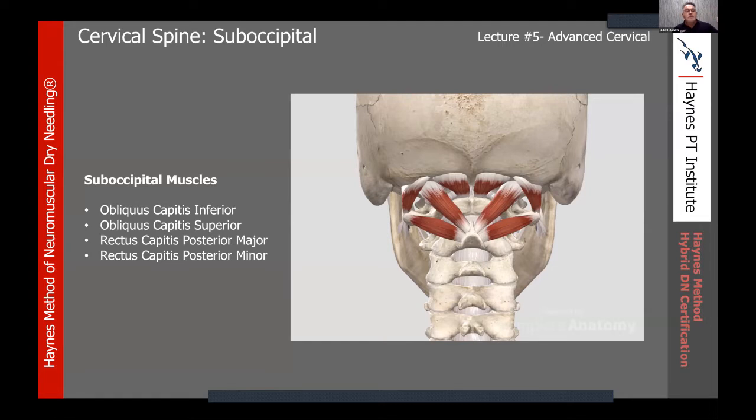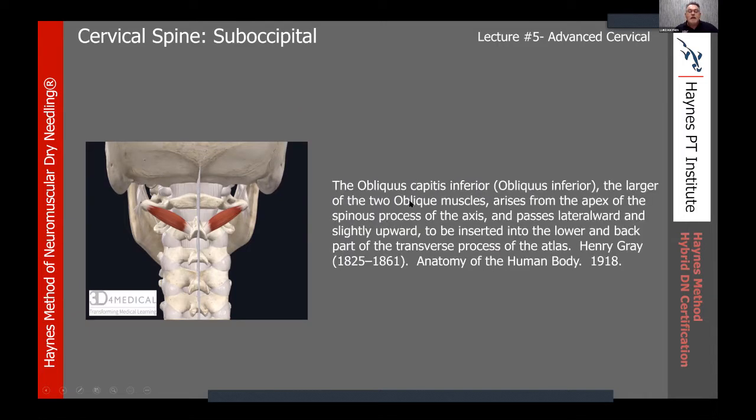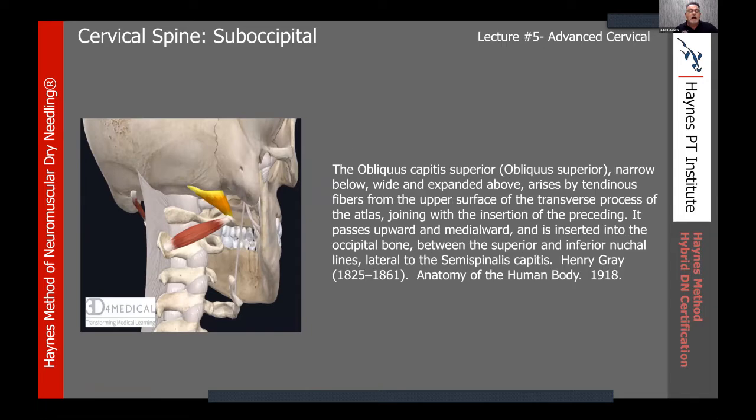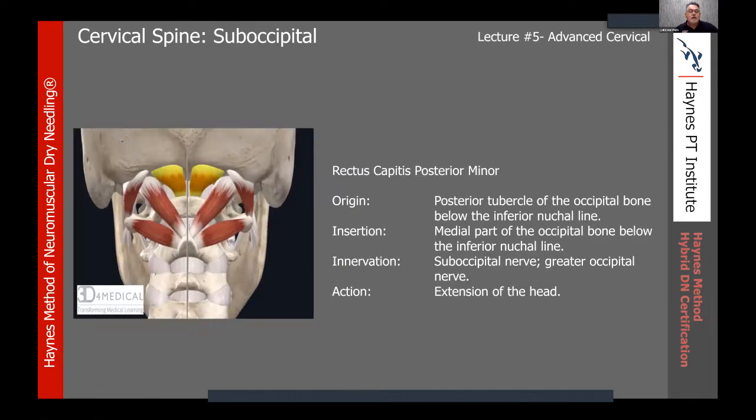Let's move up into the suboccipital region next, and look at these muscles: Obliquus capitis inferior and superior, and Rectus capitis posterior major and minor. I think I've got this all in our 3D anatomy section, so let me move down and get into that to make sure we do.